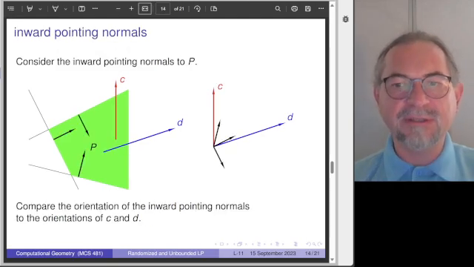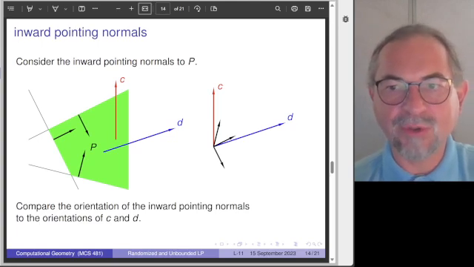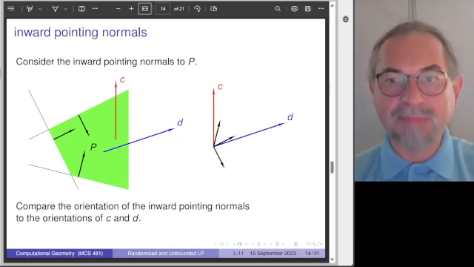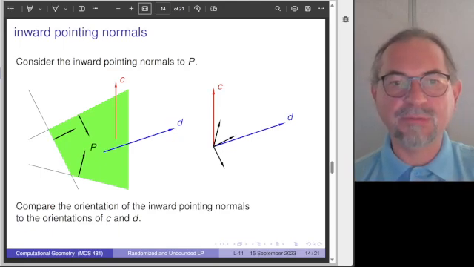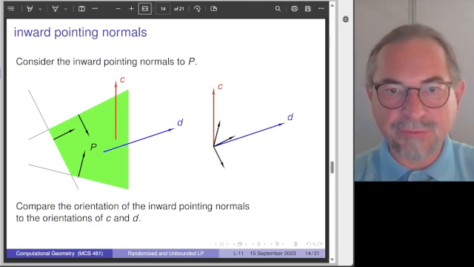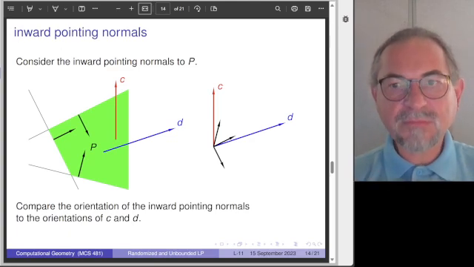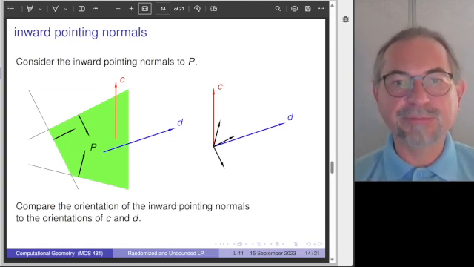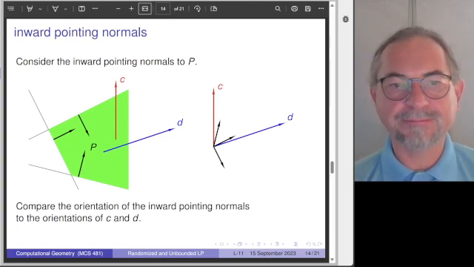This also motivates working with inward pointing normals. Which convention you choose, maximum or minimum: maximum is outward pointing normals, minimum is inward pointing normals. From the perspective of the representation of the polygon, it doesn't really matter. But here, to deal with polyhedra that are unbounded, the inward pointing normals are a little bit more convenient to work with.